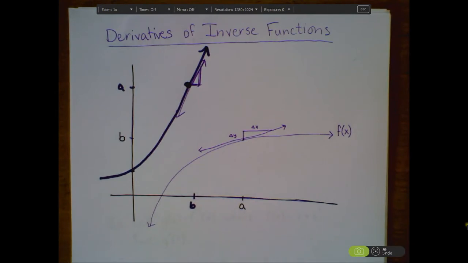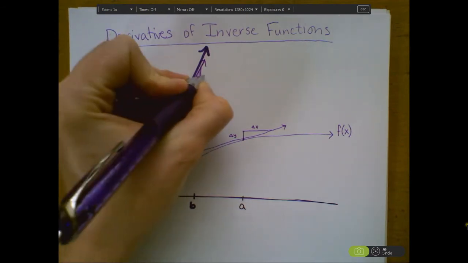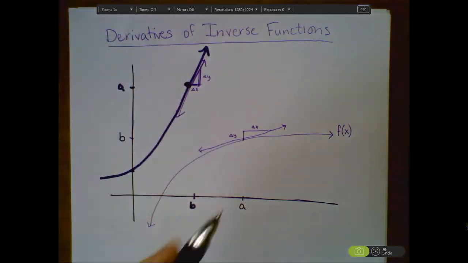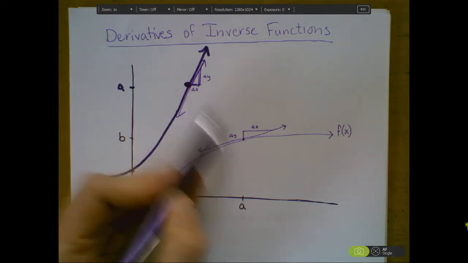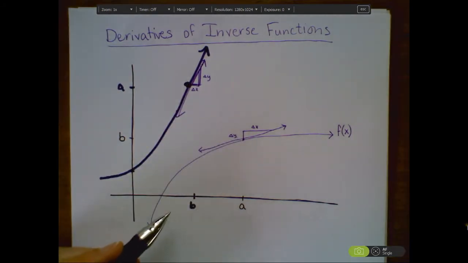What is that telling me? It's telling me that, let's say I'll call this my change in x and my change in y, that the slope of the tangent line at these points are reciprocals of one another.